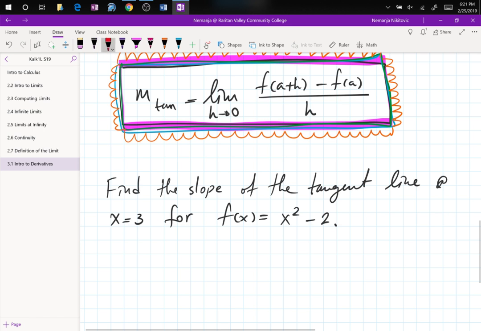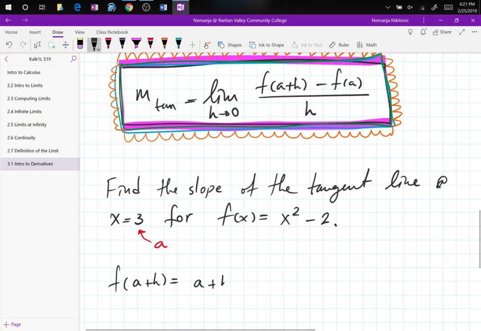First off, we know that this 3 is your a, which is this a over here and this a over here. That's the 2 a's. So we compile f of a plus h first.